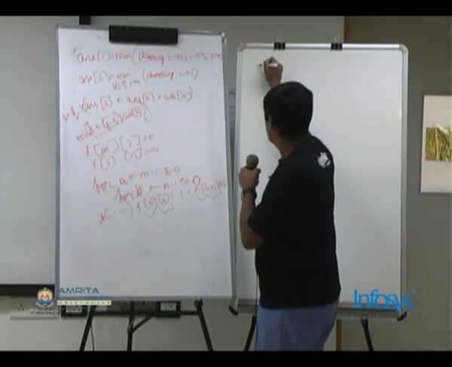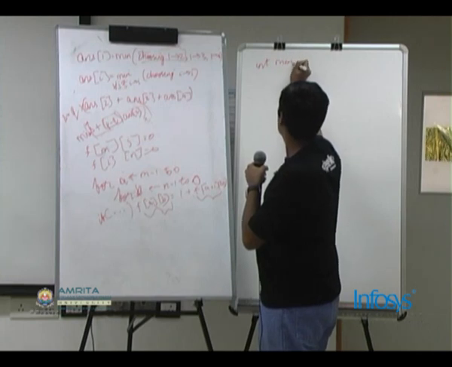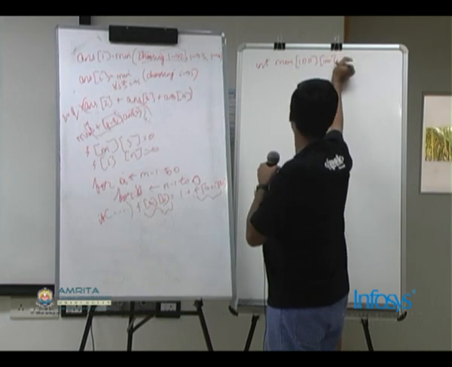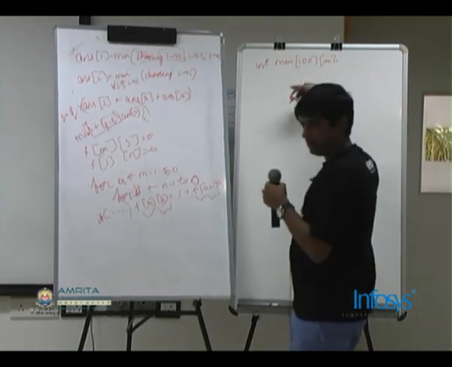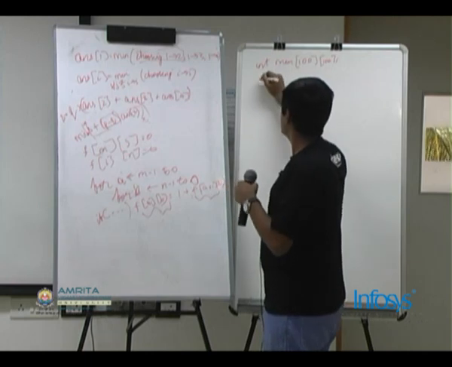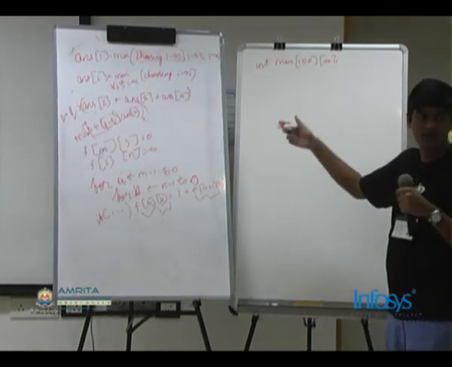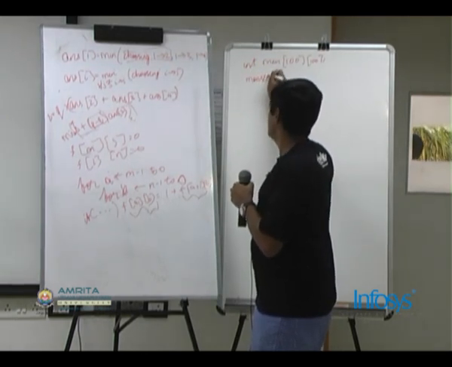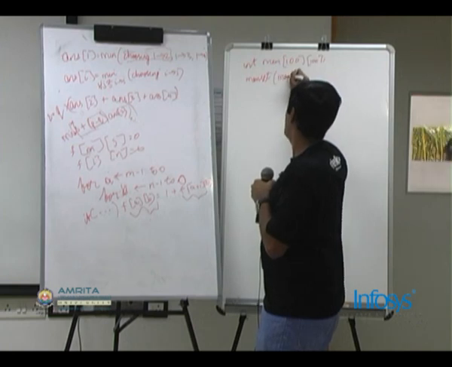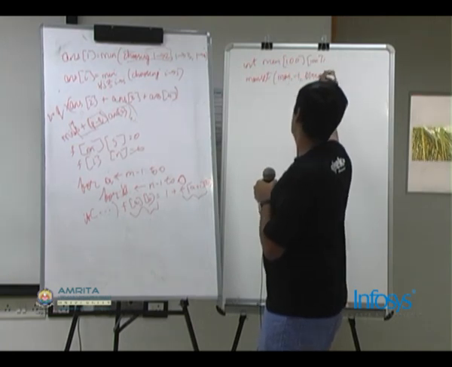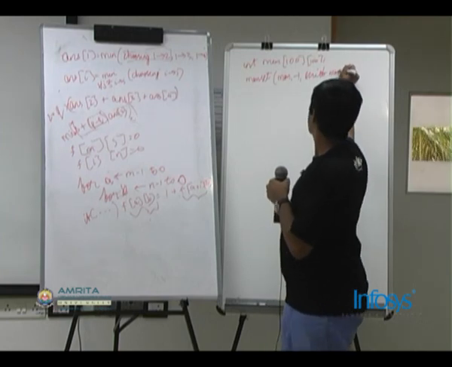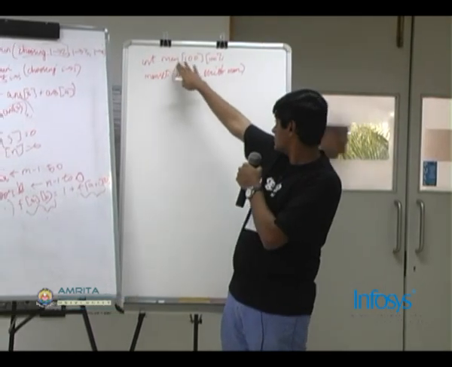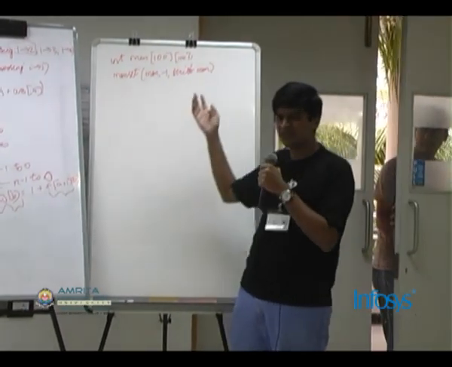You will have an int mem of, say, 100 by 100. In the calling point, just initialize all the values of mem to -1. There is a function called memset in C++: memset mem comma -1 comma size of mem. This will initialize all the values in mem to -1.